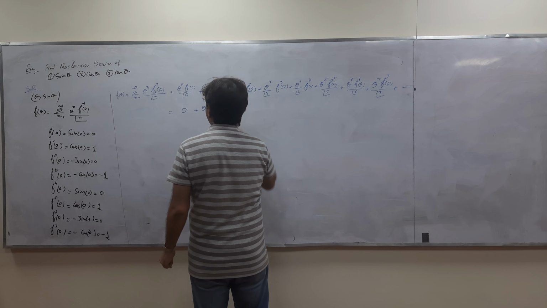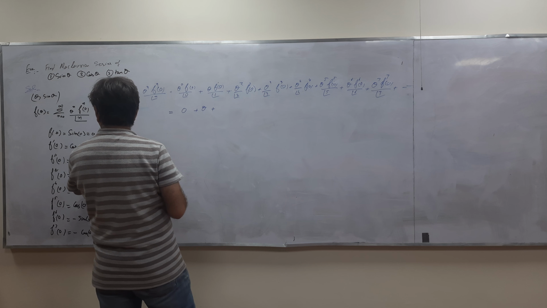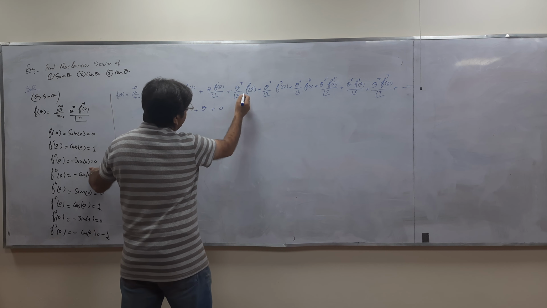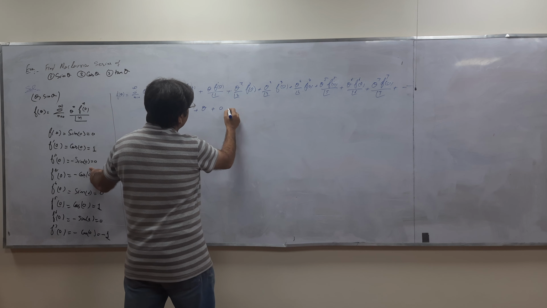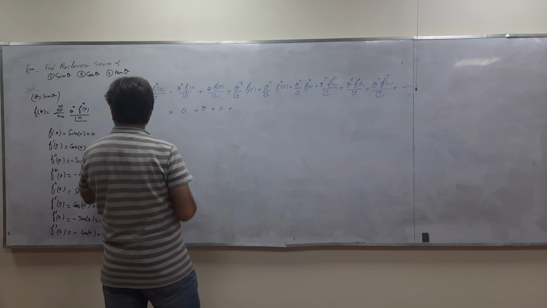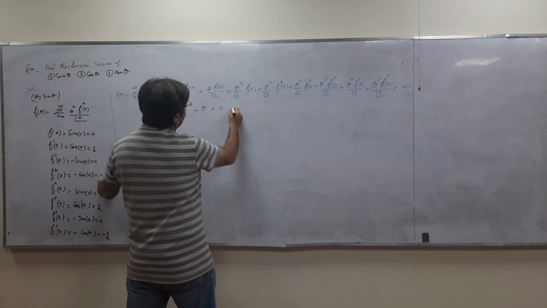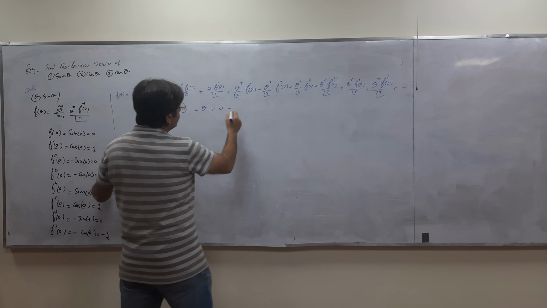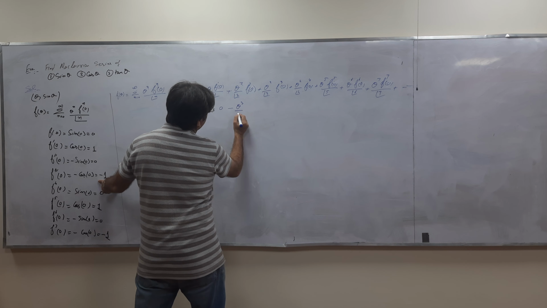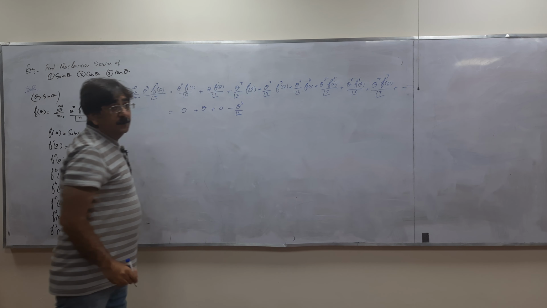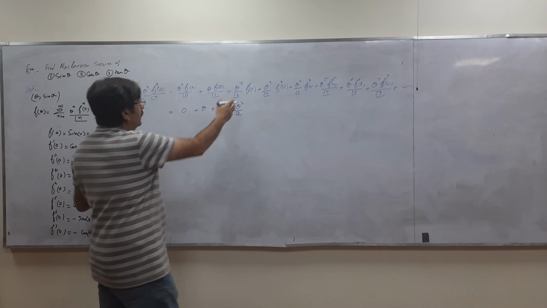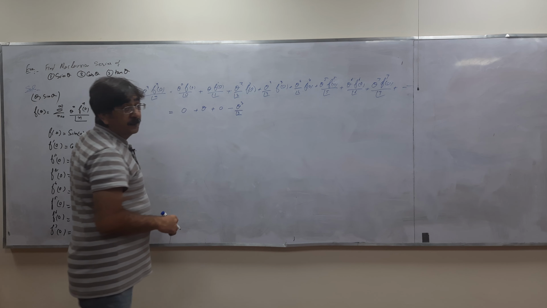Plus theta squared term is 0, again 0. Plus theta cubed: the derivative is minus 1, so minus theta cubed over 3 factorial.